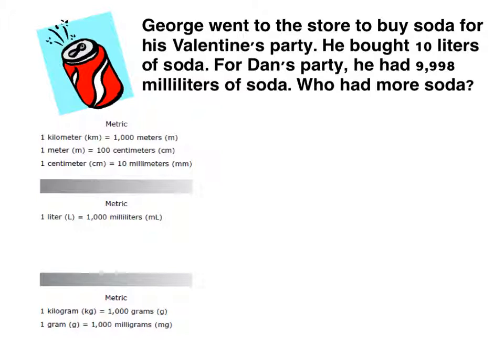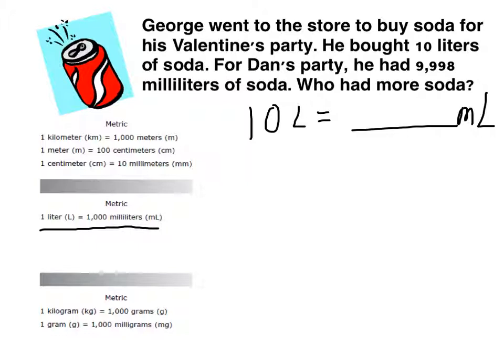So let's go ahead and start with converting the 10 liters to milliliters. So we'll look over here at our chart, and as you can see, 1 liter equals 1,000 milliliters. So we're going to be going from bigger unit to smaller unit.